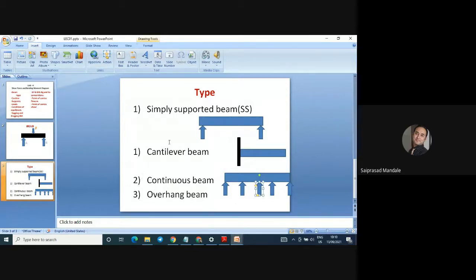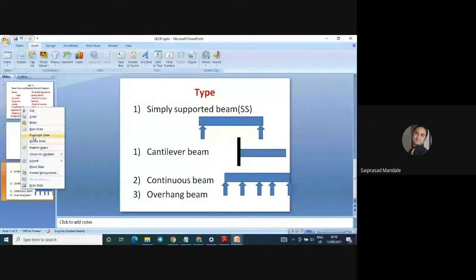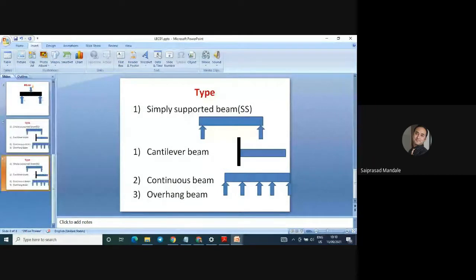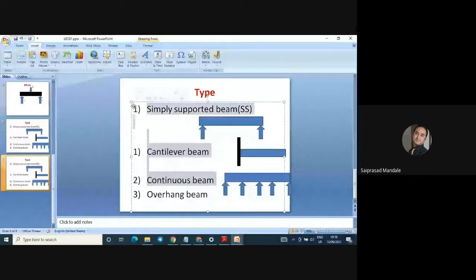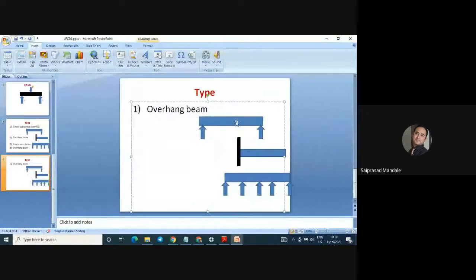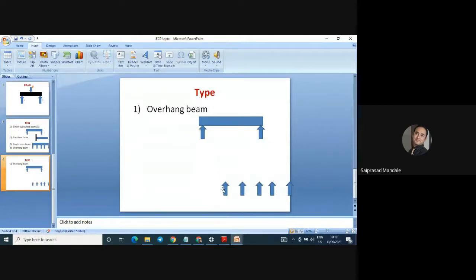The last is the overhang beam. Let me draw that overhang beam. An overhang beam is a beam in which there is an overhanging section.